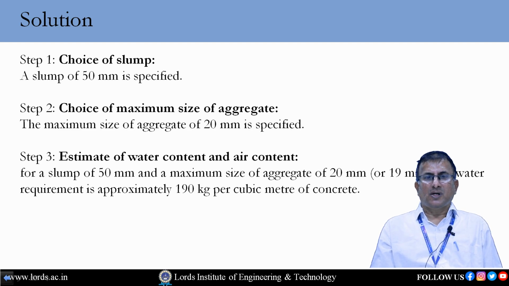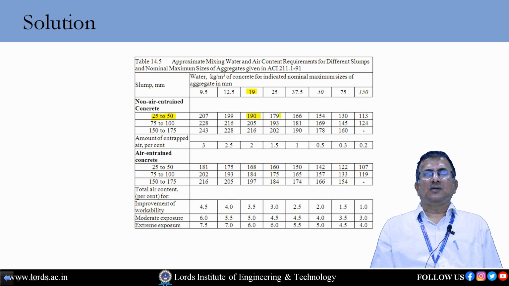For the selection of water content, we refer to this table. The slump we assumed is 50 millimeters, and the size of the aggregate we have taken is 19 millimeters or 20 millimeters. From the tabular form, shaded with yellow paint, you please observe this value. The quantity of water that we collect from the table is 190 kg per meter cubed.